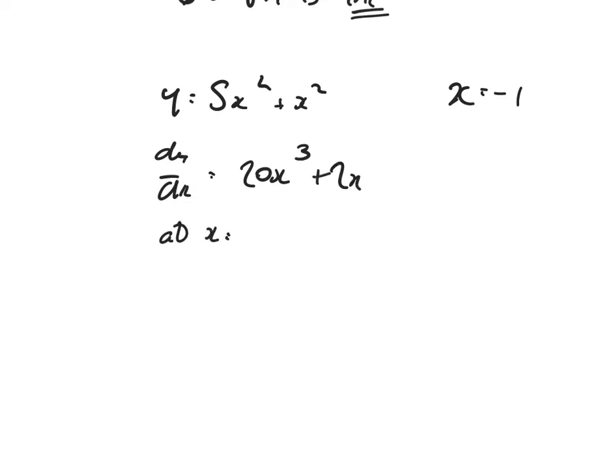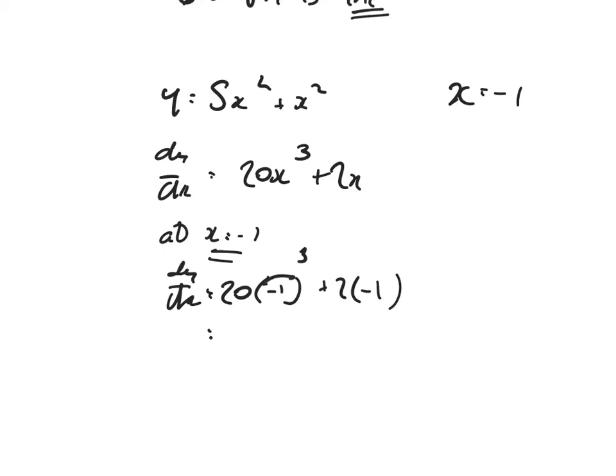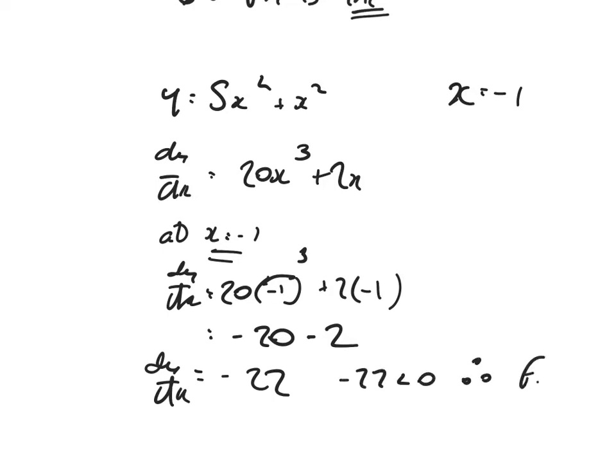And we're now going to sub in x equals minus 1, so that will be 20 lots of minus 1 cubed plus 2 lots of minus 1. Minus 1 cubed is minus 1, times that by 20 is minus 20. Minus 20 minus 2 is minus 22. So dy by dx equals minus 22. Minus 22 is less than 0, therefore the function is decreasing.